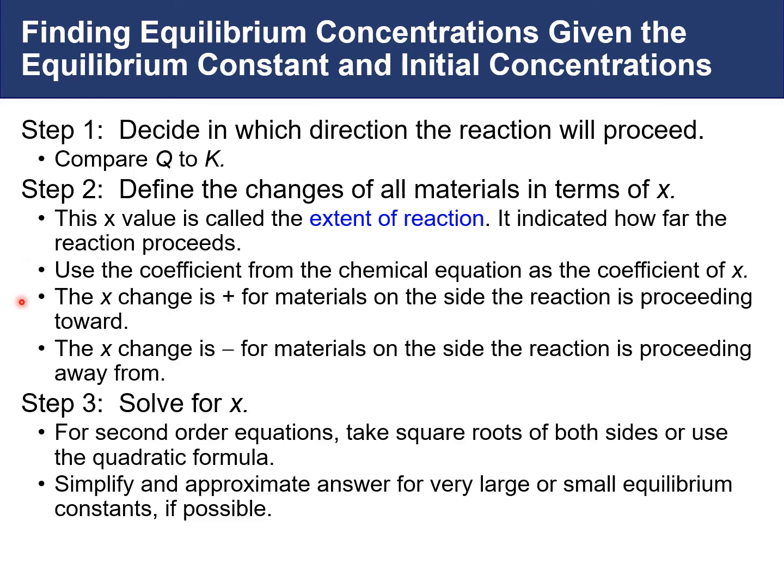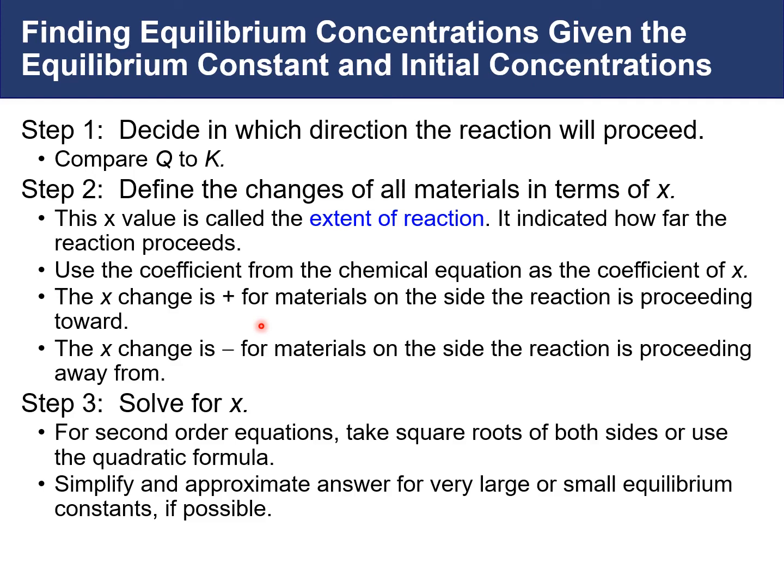The X value will receive a plus for the side of the material where the reaction is proceeding towards, and the minus will be put in front of our X and the coefficient for material on the side of the reaction that the reaction is proceeding away from.